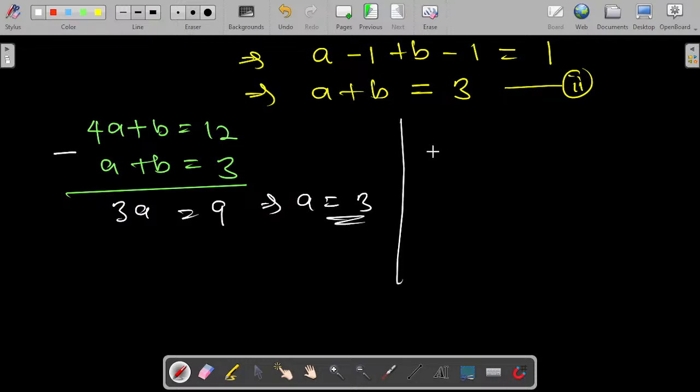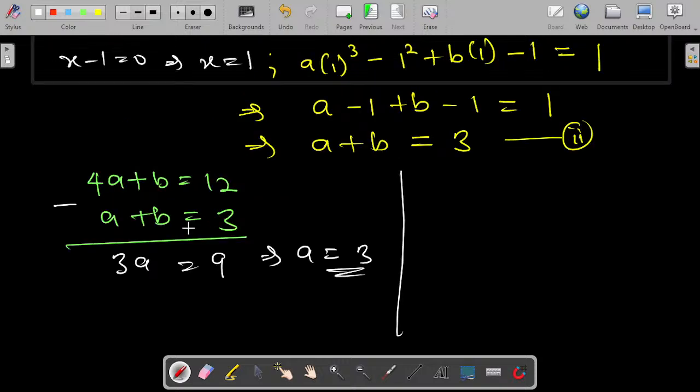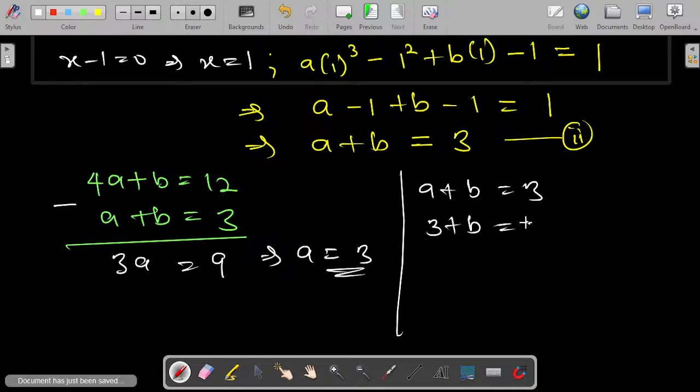Okay, and so if we now substitute a into either equation 1 or 2, let's use equation 2. So equation 2 is a plus b is equal to 3. And so if our a is equal to 3, plus b equal to 3, therefore our b is going to be equal to 0.